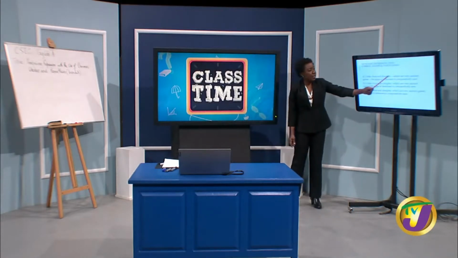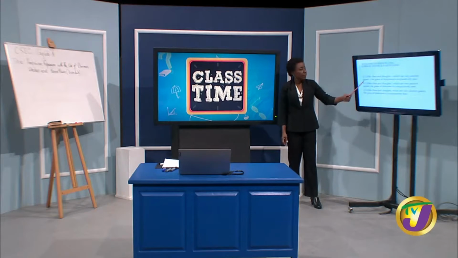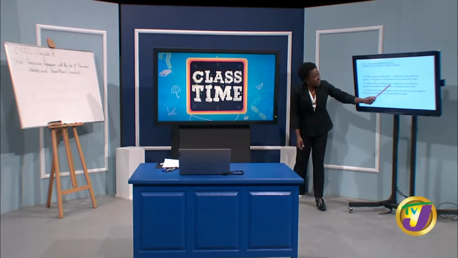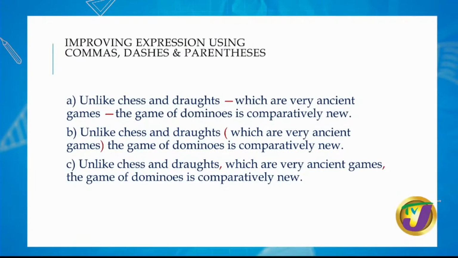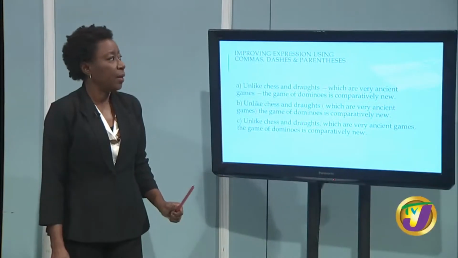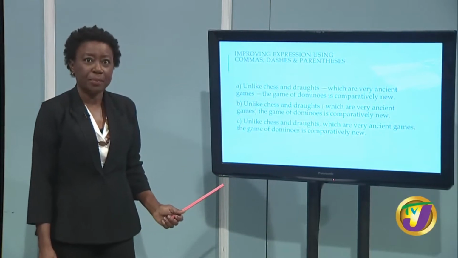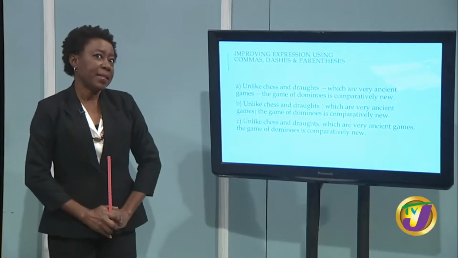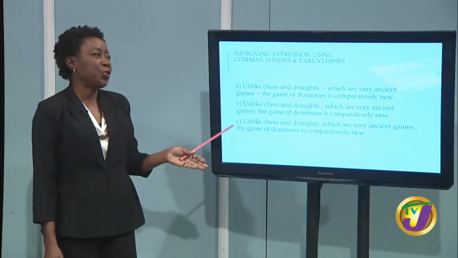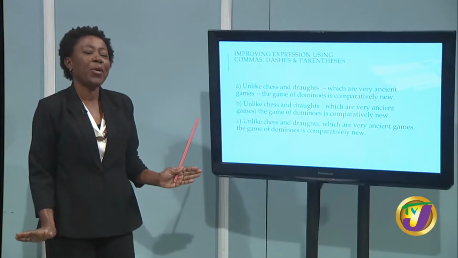You may use dashes, parentheses, or commas to show the additional thought that has been added to the expression. Look at it. You may choose any pair when you're writing.